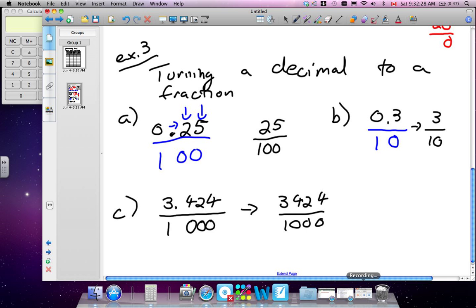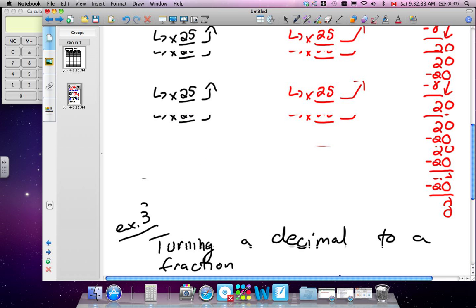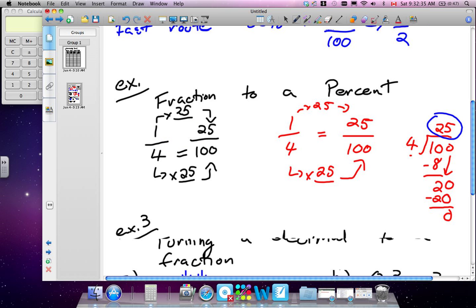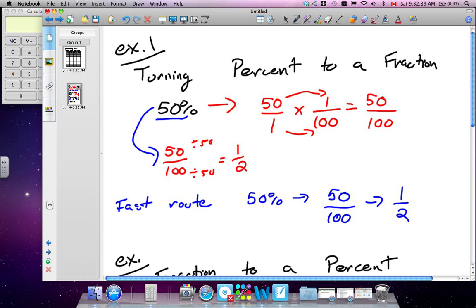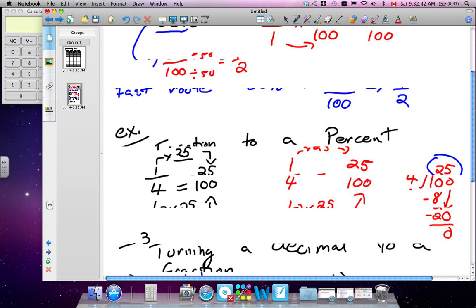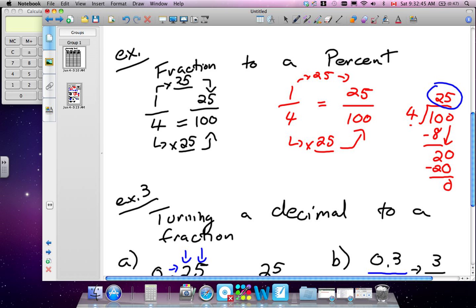And just like we had done up here, what we forgot to do is complete the final step, turning a fraction into a percent. So let's go back up here to example 2, which I forgot to finish. So we have this as a fraction, 25 over 100.